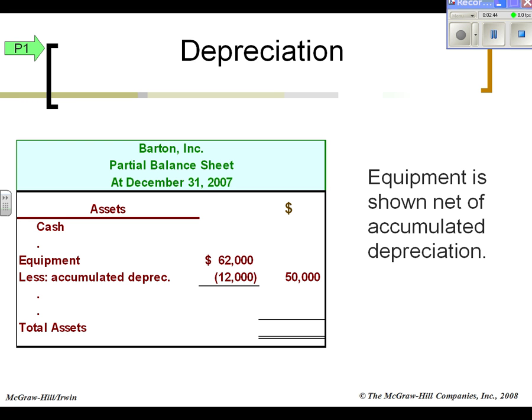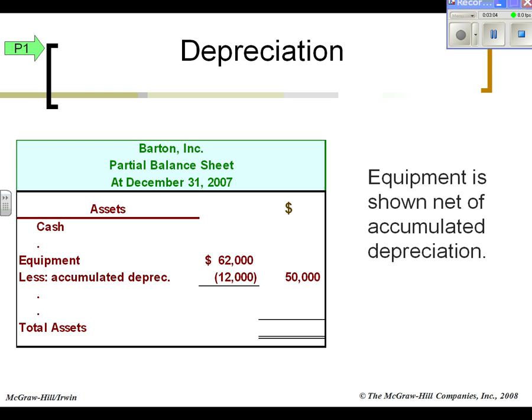Now, what good is this? Why do I want this? As the reader of the financial statements, I can look at this now and say, okay, the equipment originally cost 62,000, but it's only been depreciated for 12,000 dollars worth. So it's got more useful life out of this equipment. It's relatively new.